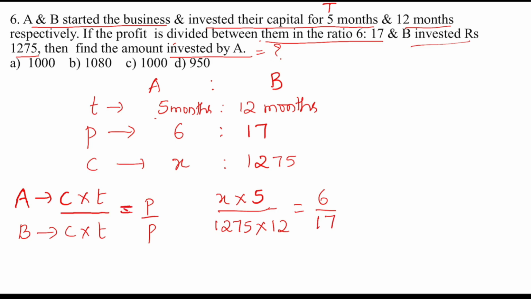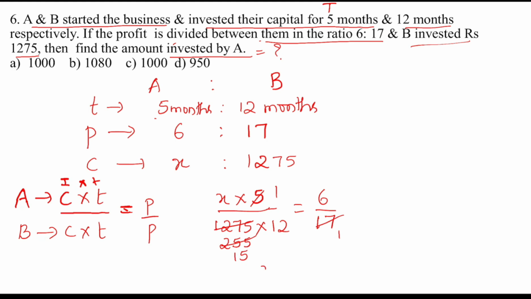So, capital into time is always equal to profit. So, the ratio I am writing it in the form of fraction. Then 5 1s are 5, 5 5s are 25. Then 17 1s are 17, 17 5s are 85.